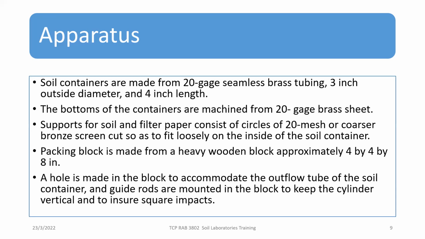Then, if the system is closed, you have to make a hole in the block to accommodate the outflow tube of the soil container, and also guiding rods are mounted in the block to keep the cylinder vertical and to ensure square impact. And here the soil container is in the form of a cylinder.